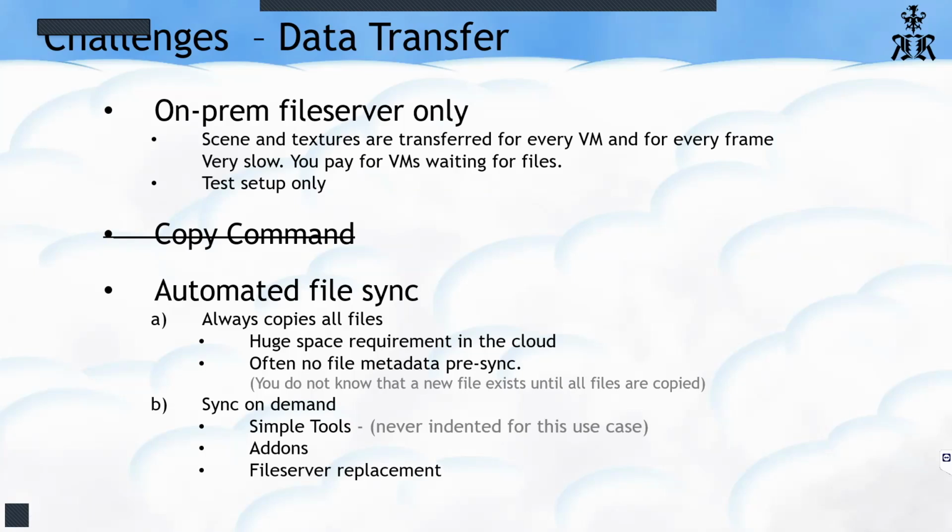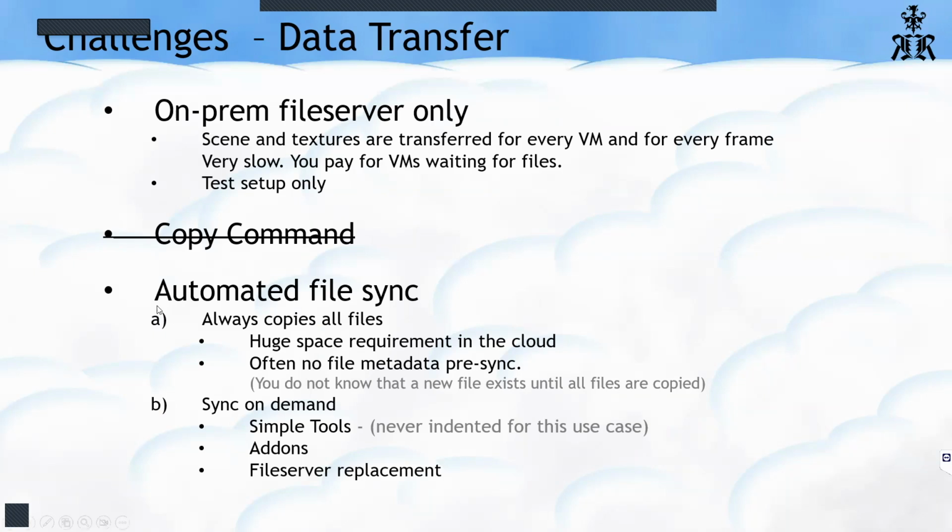Then, of course, you could copy your files to a file server, but we don't recommend that because you miss files, or if you update a file, it's missing, so don't use any copy command. The recommended way is an automatic file transfer.